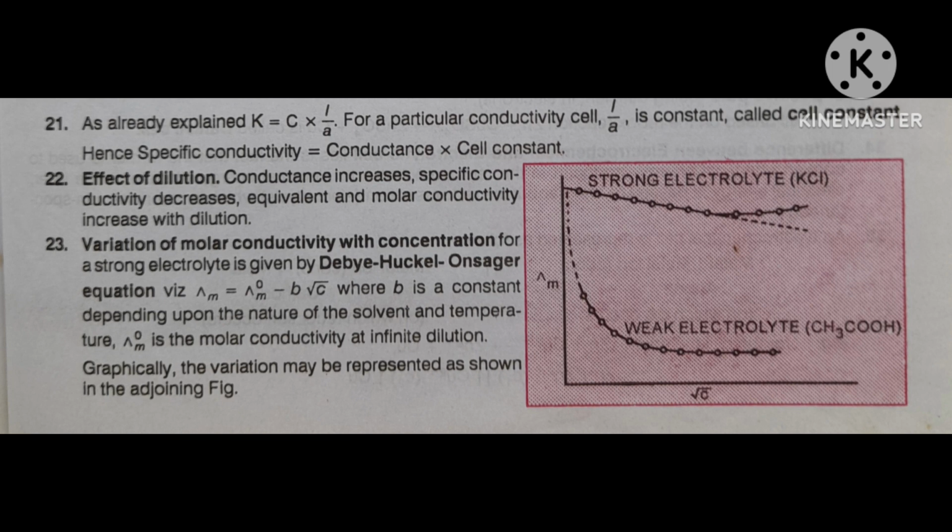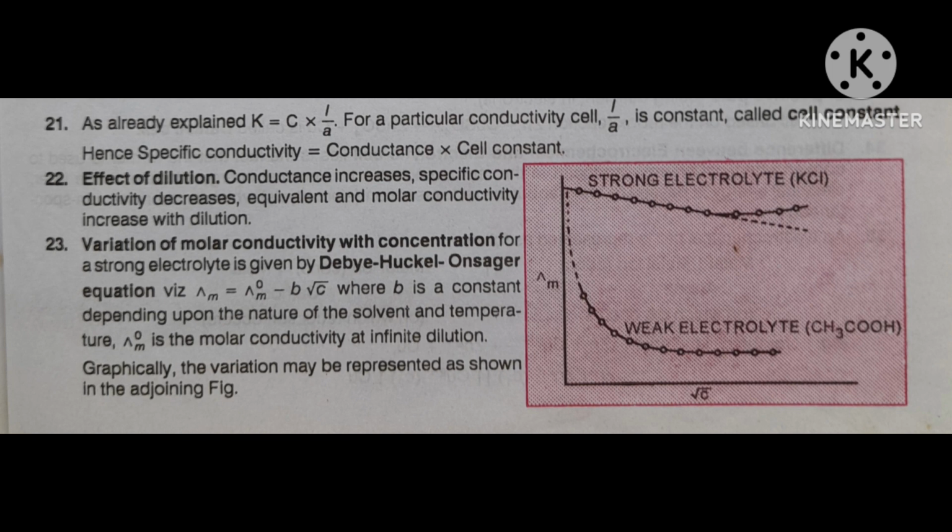You have to deduct that value from the conductance at infinite dilution, because some conductance is decreasing due to the nature of the solvent and temperature. That is why you should subtract it. Then what you get is the actual molar conductivity. That's why this term is introduced, B into under root C.